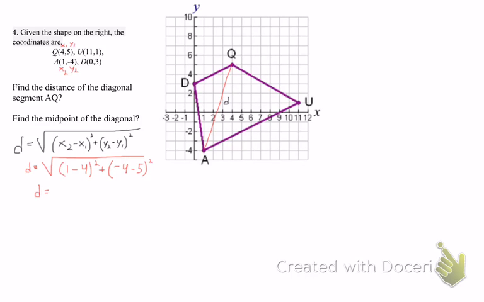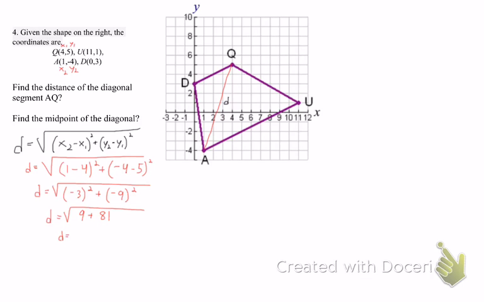So D equals, we see it's negative 3 squared plus a negative 4 and a negative 5 is a negative 9 squared. We simplify it further, and we get that D equals the square root of a negative 3 times a negative 3 is 9, plus a negative 9 times a negative 9 is 81.